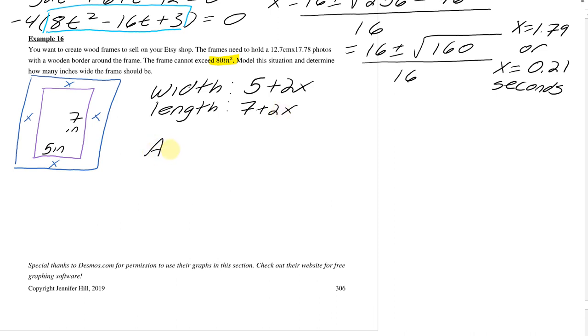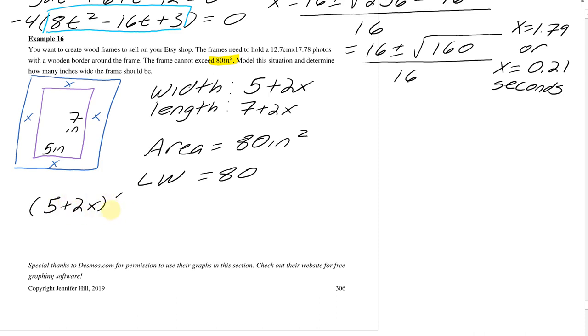I'm told here that my area is equal to 80 inches squared. And what is the area of this shape? Well, it's length times width, so that has to equal 80. Now I just have to replace it with these pieces. So this will be (5 plus 2x) times (7 plus 2x), which will equal 80.